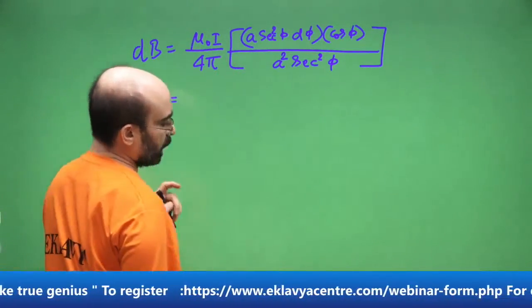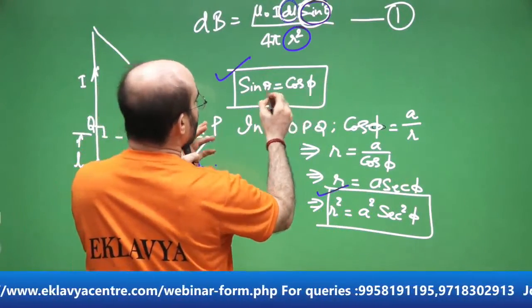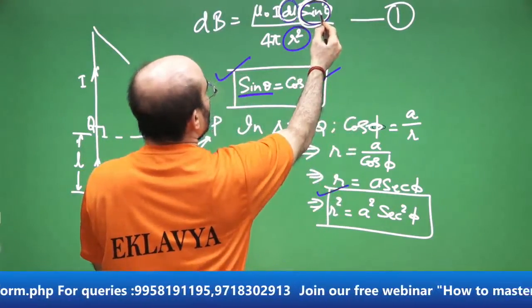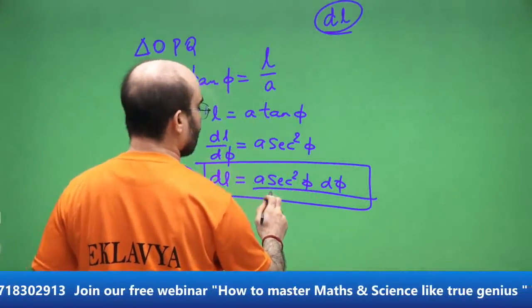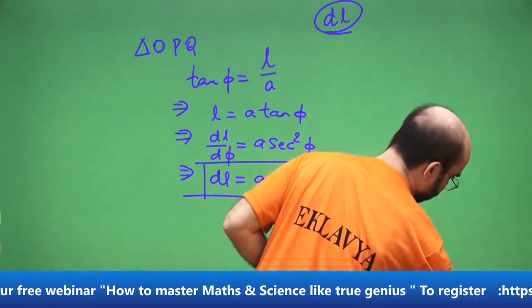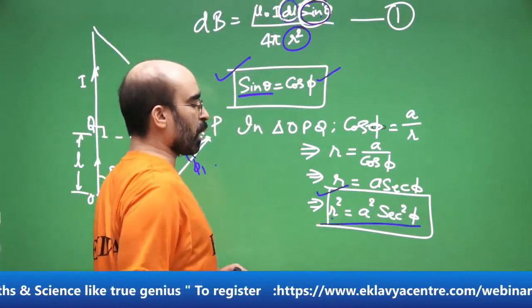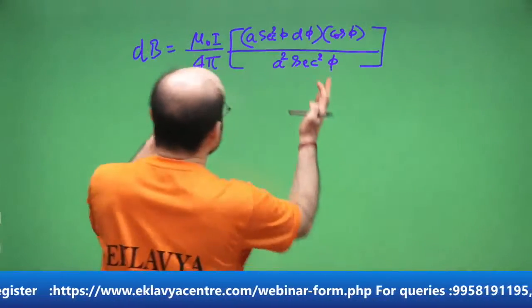After substituting, see what all we have substituted. In place of sine theta, we have substituted cos phi. For dl we have substituted a sec square phi d phi, and for r square we have substituted a square plus a square sec square phi. So this is our final result.